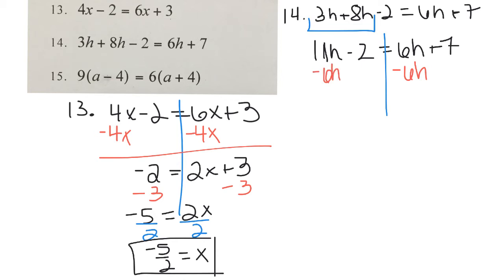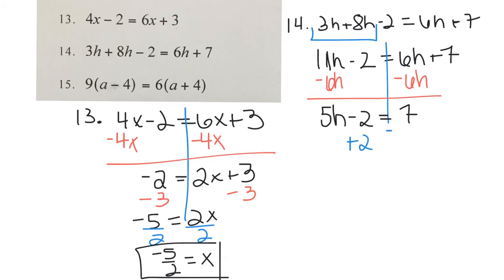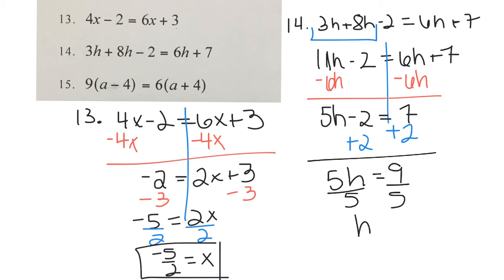Like I said, I'm doing it differently this way because I like to keep my variable positive if possible. So I get 5h minus 2 equals 7. And then we're going to add 2 to both sides. And we get 5h equals 9. Divide by 5. And h is 9/5. Again, it's a completely reduced fraction. You don't need to make it a mixed number or a decimal.